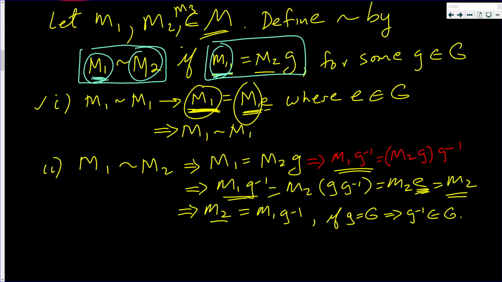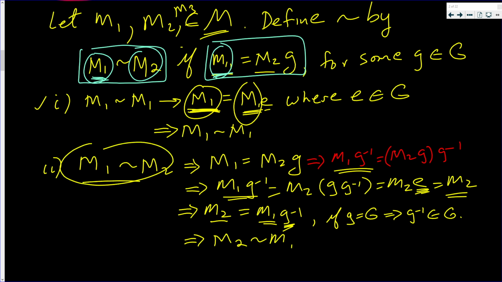So I have that M2 is equal to M1 times an element in the group G. That implies that M2 is related to M1. So I showed that this started off with this, and I showed that it implied that.